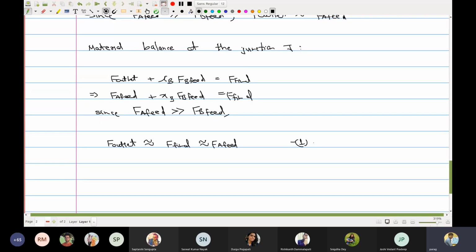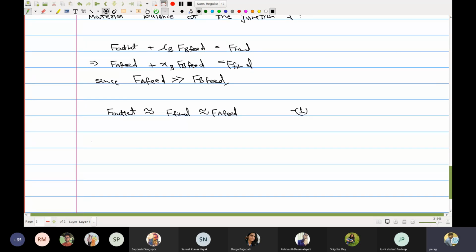Now, the second material balance. Now I'll do the component balance, the material balance for B in the tank. What's going to happen to the concentration of B in the tank?